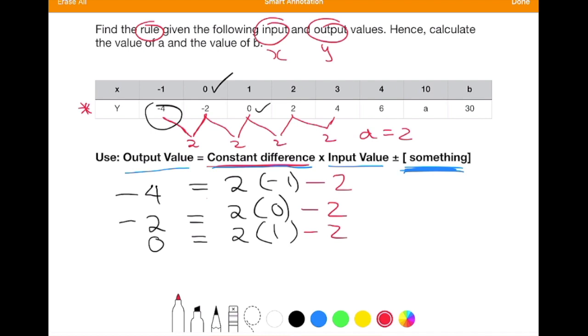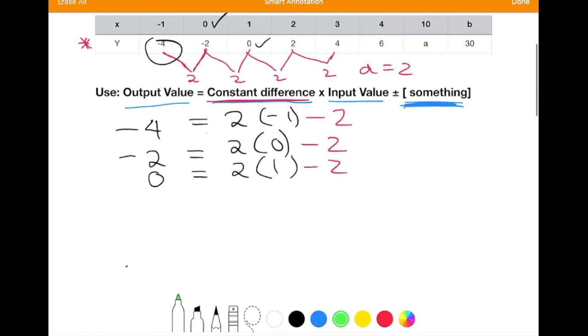Now you can tell what the rule is from here, which means in order to get the rule, remember our rule should connect x and y. You need to ask yourself, so how do we find y? So y is the output value, and it is equal to the constant difference.